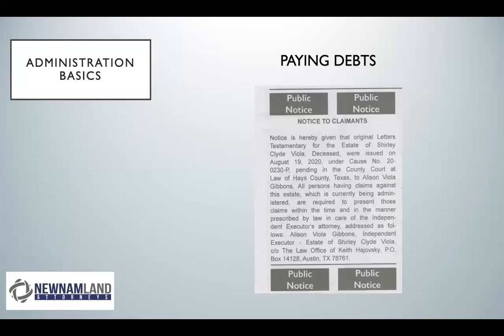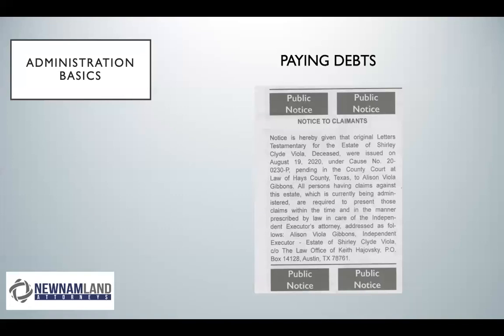You can also give notice to unsecured creditors, and sometimes that's a good idea if it looks like there could be a lot of unsecured claims out there, or in particular, if you think the estate is not going to have enough money to pay for all the debt.